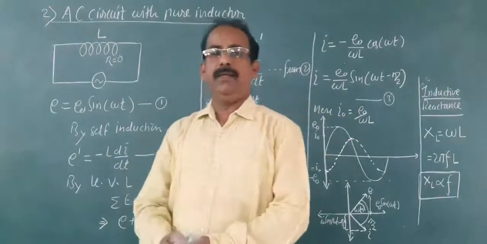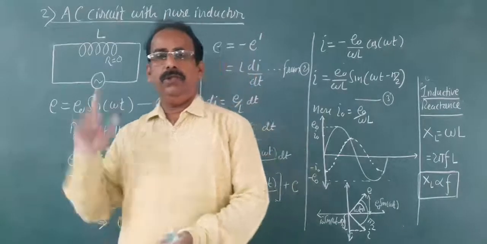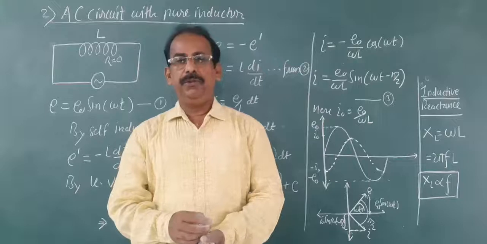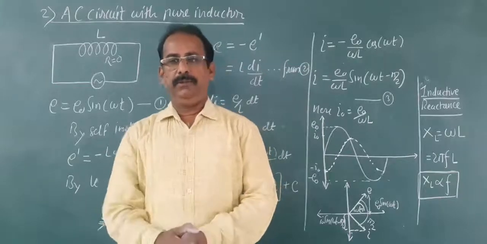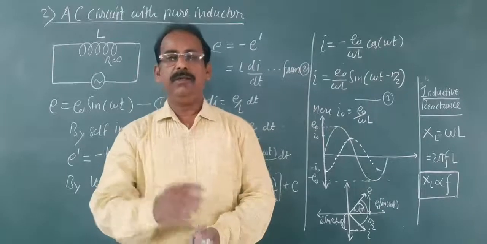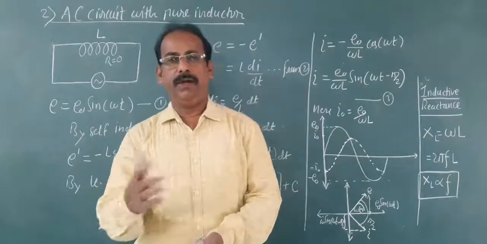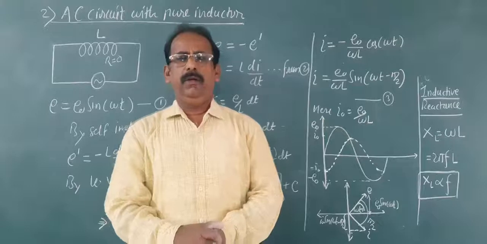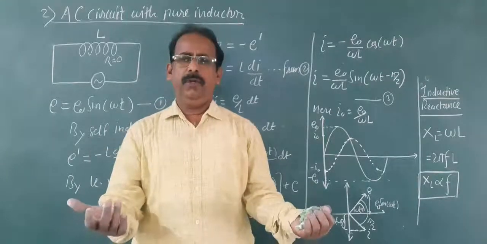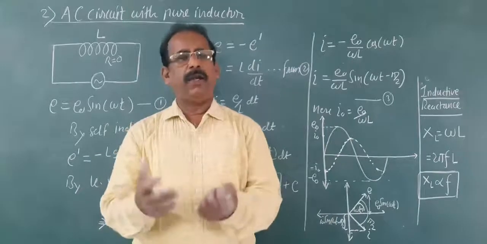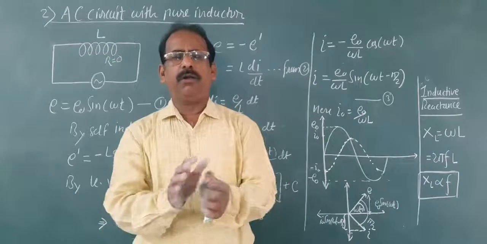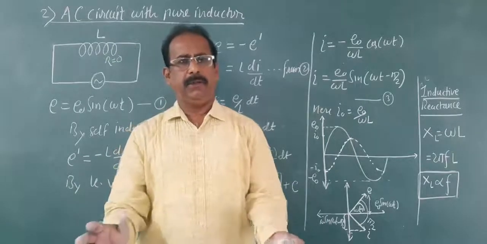From this we can say that this inductor opposes AC current, a current of very high frequency. If we take f equal to 0, we get XL equal to 0. When f equal to 0, the current is DC current. For DC current, there is no resistance offered by that inductor.